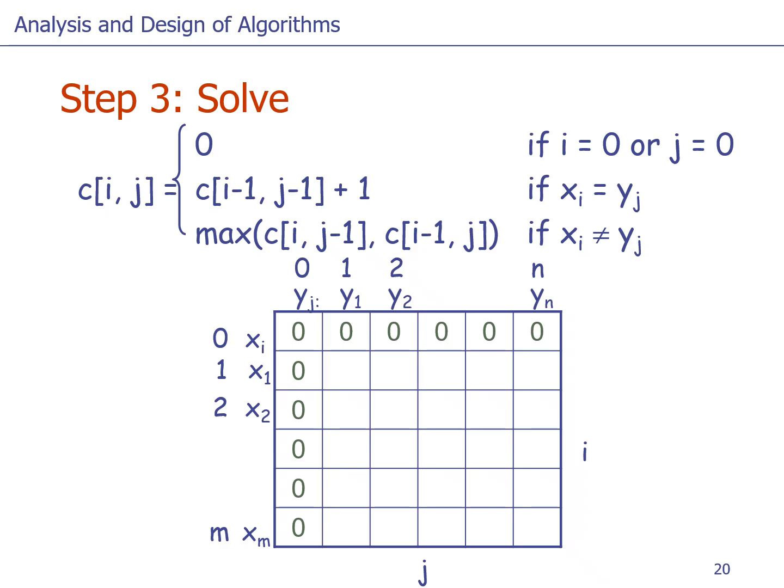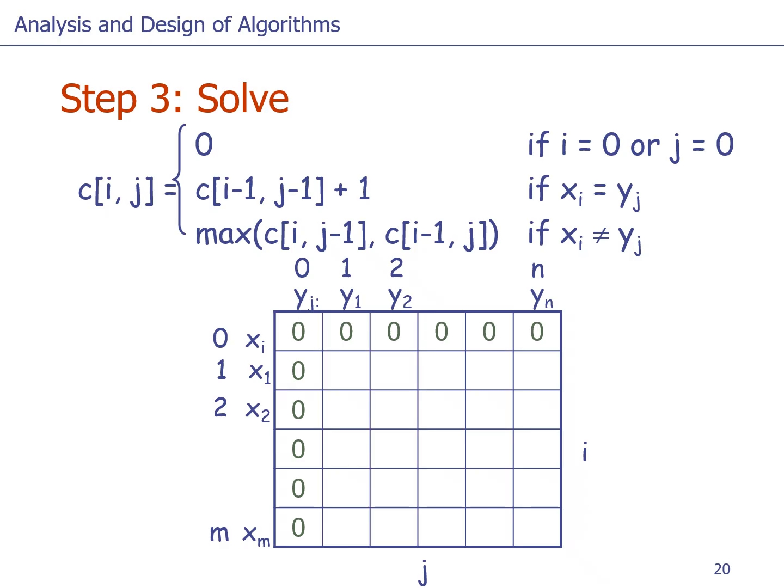So if I have previously found 5 common letters without the current letter in X and the current letter in Y, now they will be 6. And that's why I'm doing i-1 and j-1.